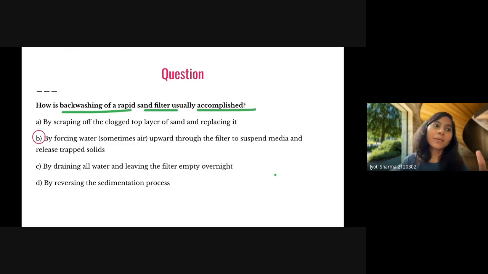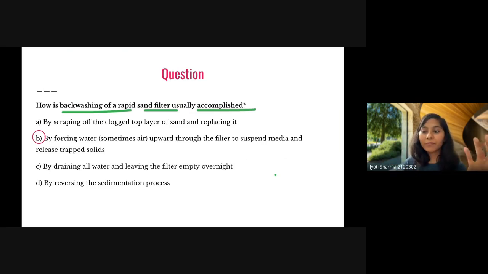So it is something like this. We have some strainer. Okay, so that strainer has been clogged with something like solids. Then what we have to do, we have to do the backwashing, so that these solids can be removed from that strainer, right?